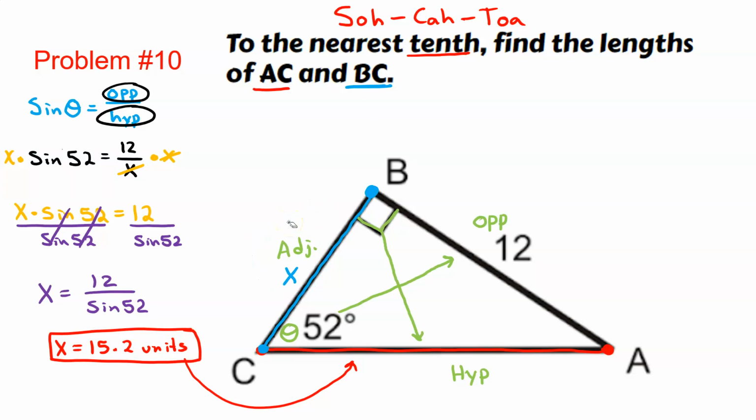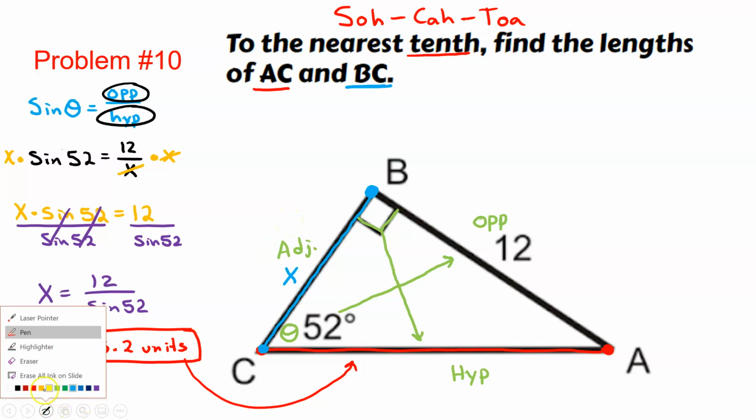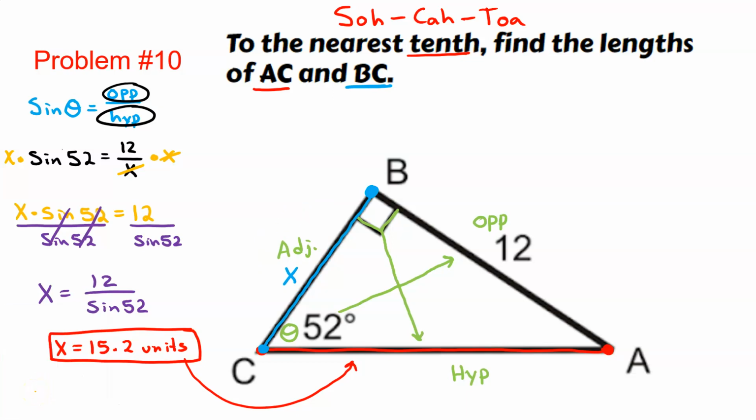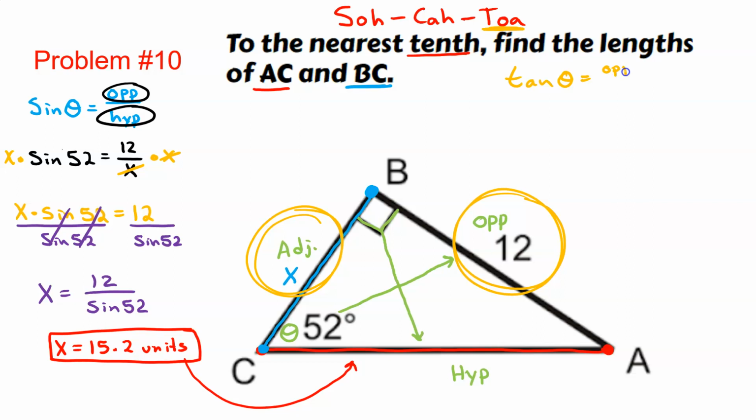So which trig function is going to help us out now? Again, what do we have and what are we trying to figure out? Well, we have the opposite side and we're trying to find the adjacent. So what uses opposite and adjacent? That is going to be tangent, right? Tangent, or that TOA piece there. Tangent of theta is equal to O, which is our opposite, over A, which is our adjacent.